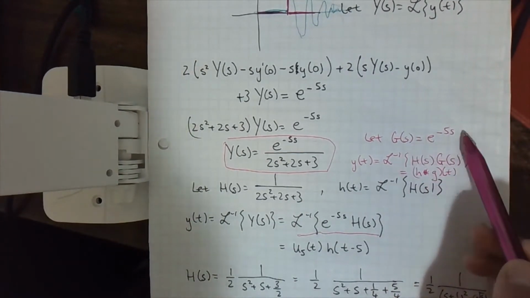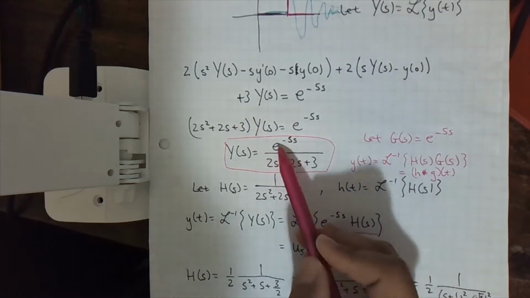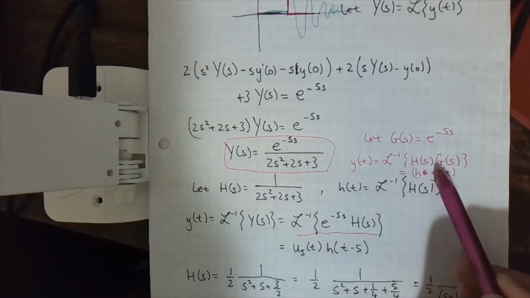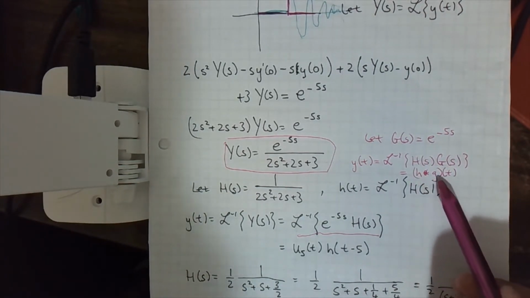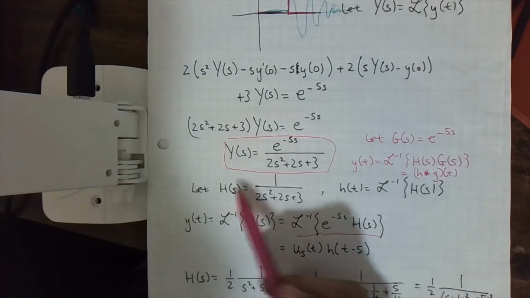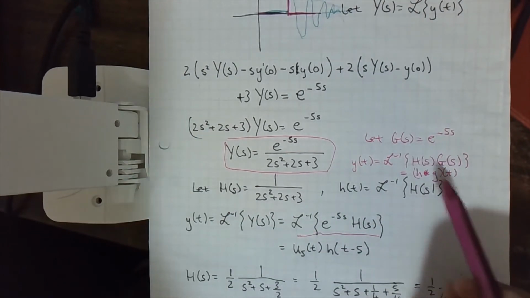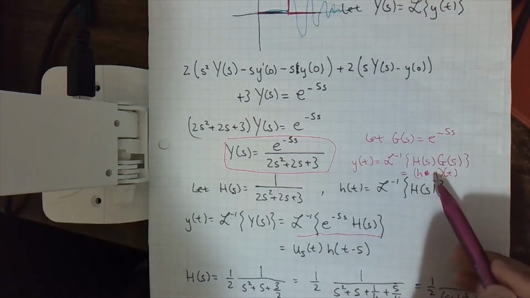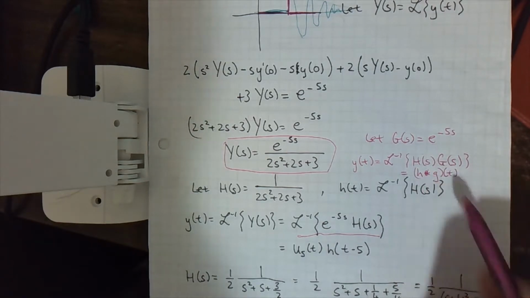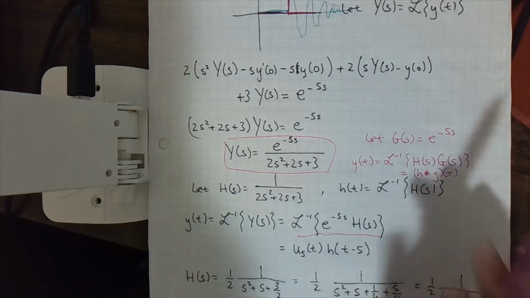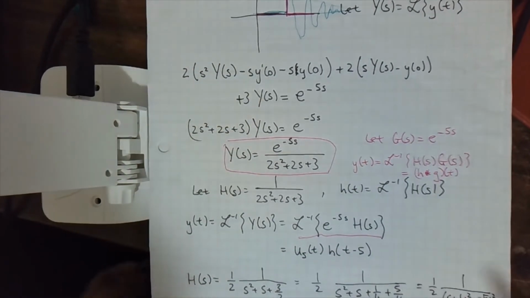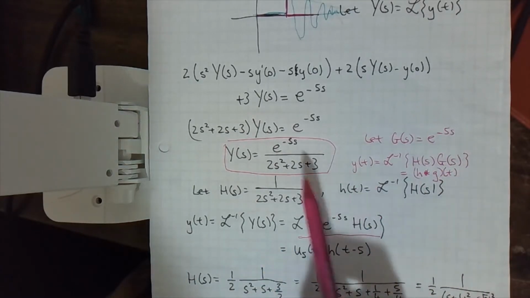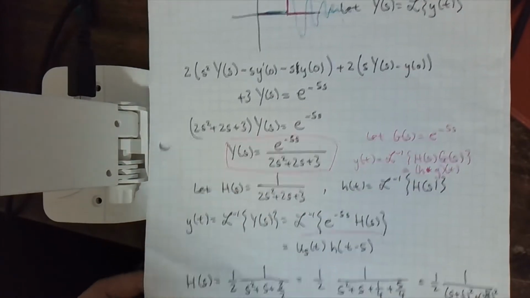We'll call G of s e to the negative 5s, and then the inverse Laplace transform of this function is the inverse Laplace transform of H of s times G of s, which is going to be the convolution of little h and little g, where the Laplace transform of little h is big H, and the Laplace transform of little g is big G. You do need to do a little integral at the end to calculate the convolution, but if you did all that, you would get the same answer that we got last time. So that's good. And then, of course, you can apply this to more general functions.